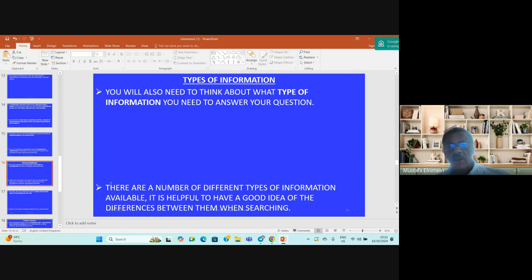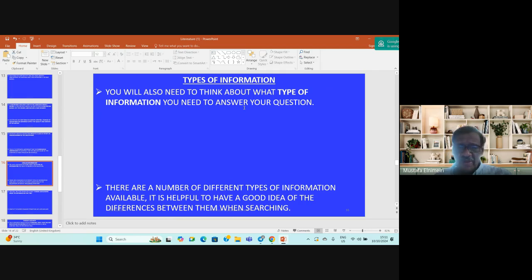Now we'll talk about some types of information. This is important to understand, and which type of information we need to search and find so that we can depend on them for answering our questions.